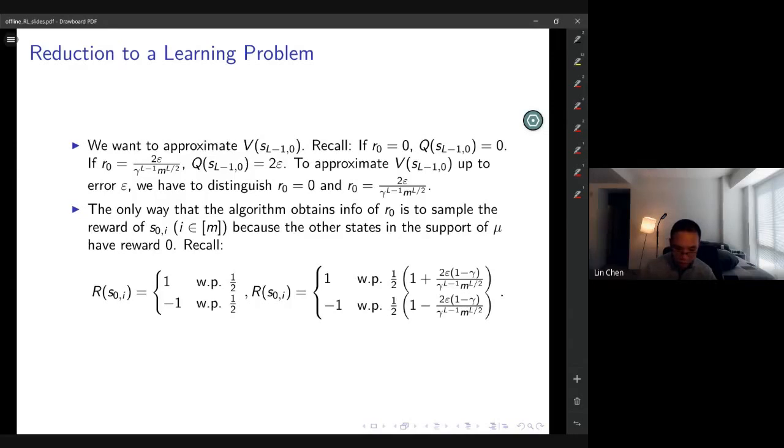So if R0 is 0, then the value is 0. And if R0 is this, then the value is 2 epsilon. So to approximate it up to error epsilon, we have to distinguish these two possibilities. So the problem is this: we have two distributions. One is when R0 is 0, and one is when R0 is this thing.